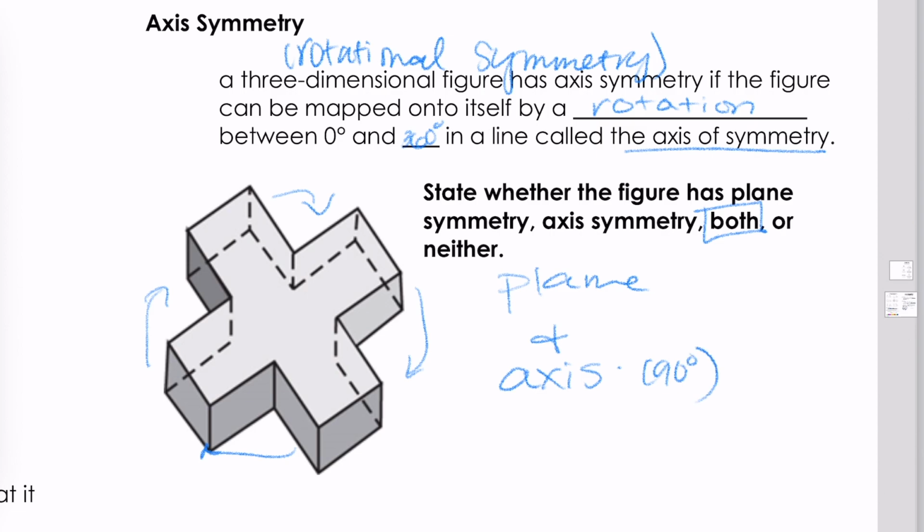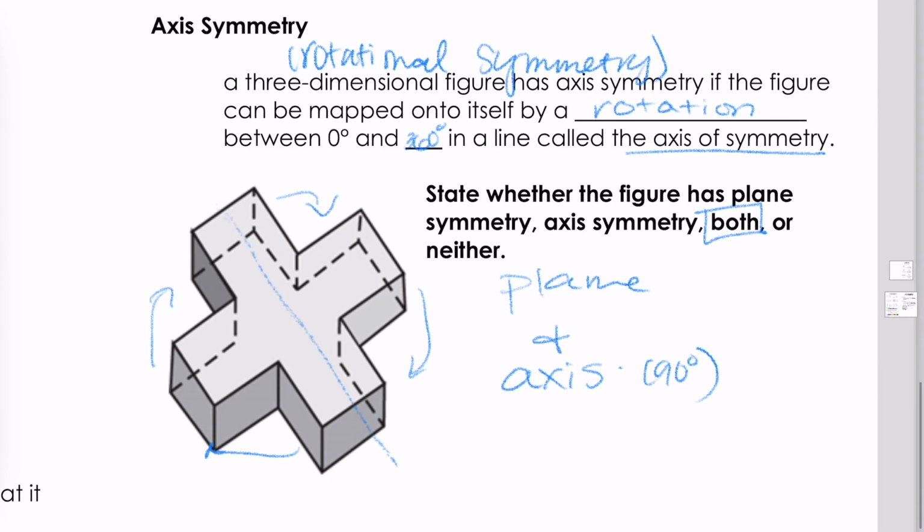I rotated it 4 times, that order, magnitude, 360 divided by 4 gets you 90 degrees, so that's my axis of symmetry. For my plane, I can cut through the middle here, cut through the diagonals right there, but I can also cut through that middle, almost as if I'm chopping that top layer off, kind of like a cake. So this actually has 5 different ways that it has plane symmetry.